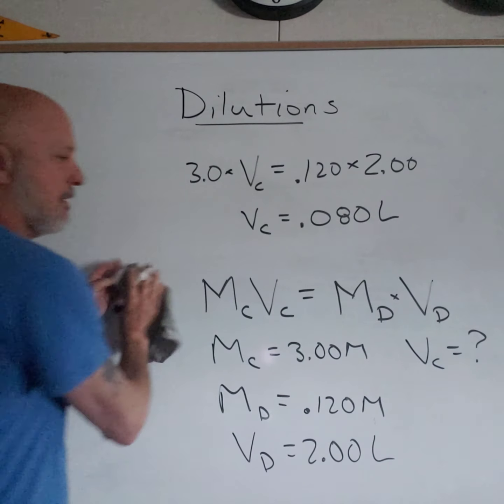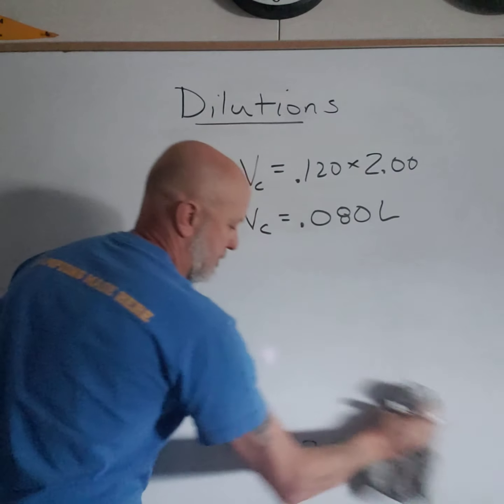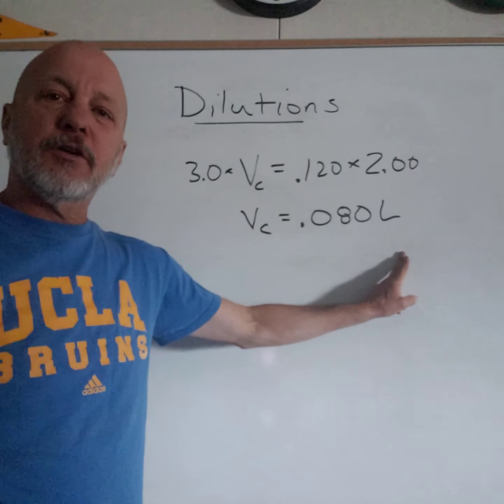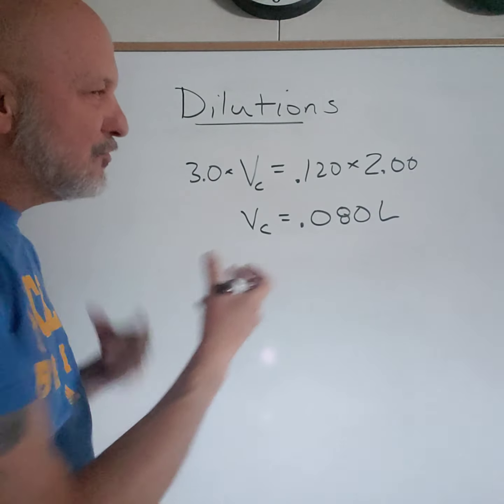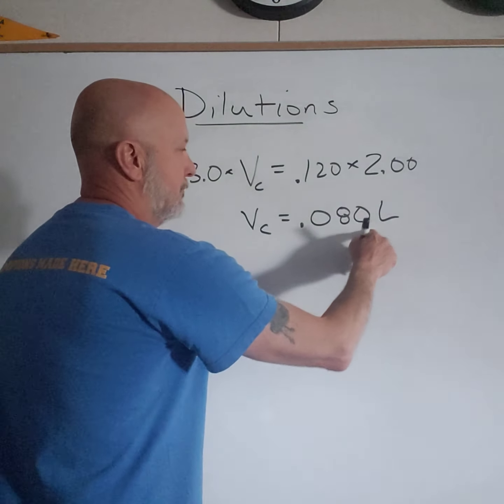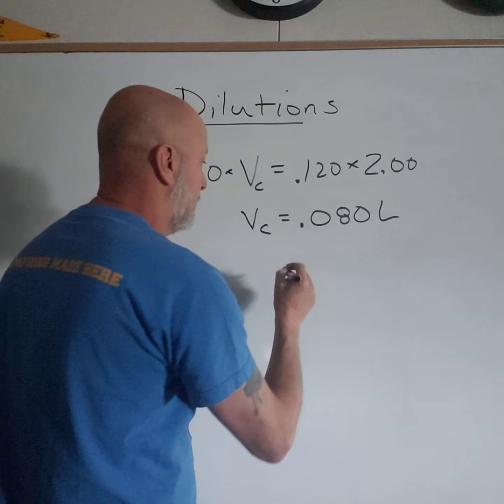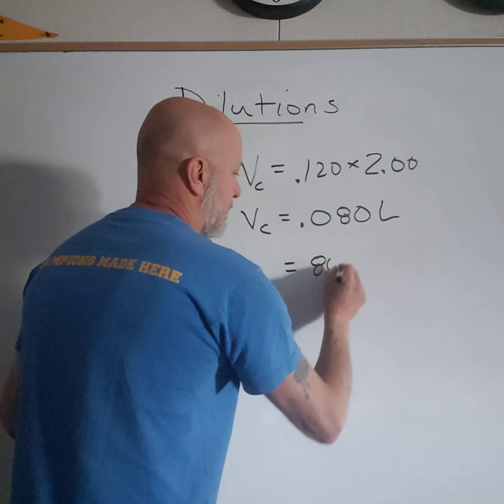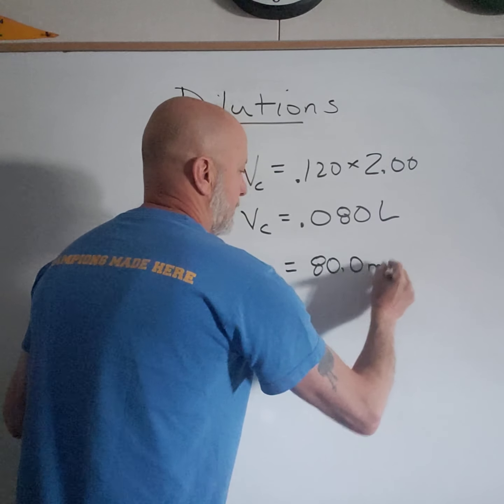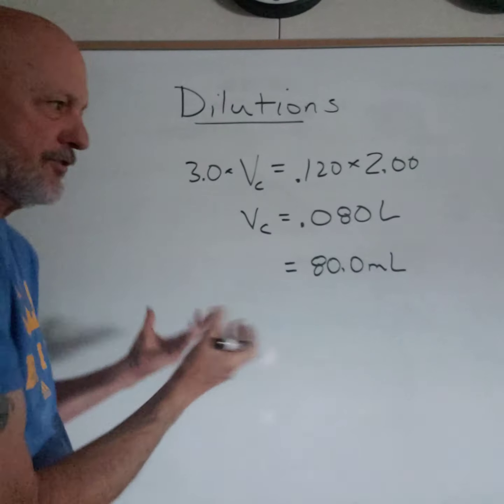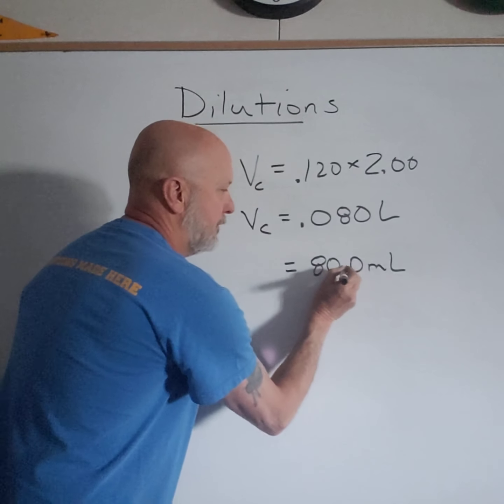That's not usually how we would talk about this. If I have this small a volume in liters, I'll usually switch that to milliliters: 80.0 milliliters. So how would I make this solution? This is something we do all the time when preparing solutions for a lab.